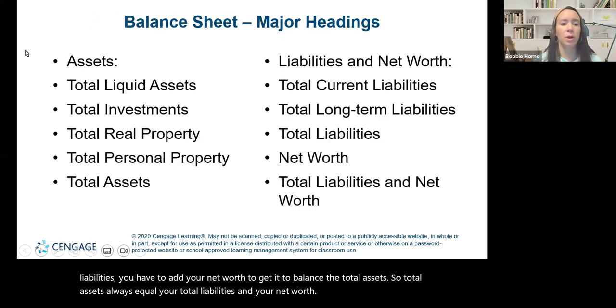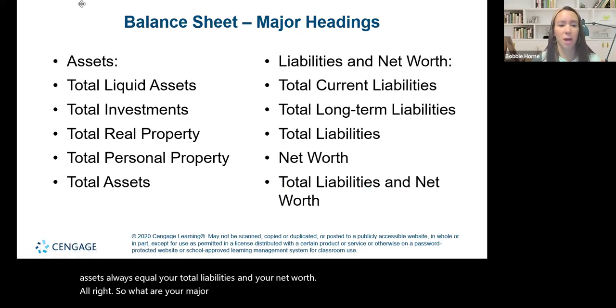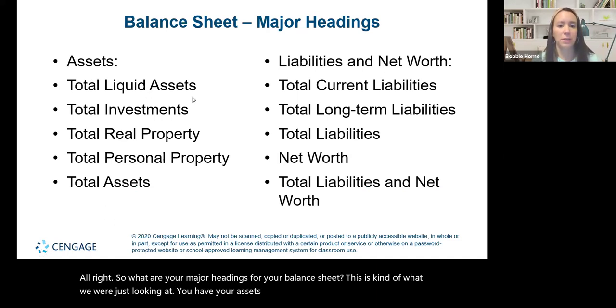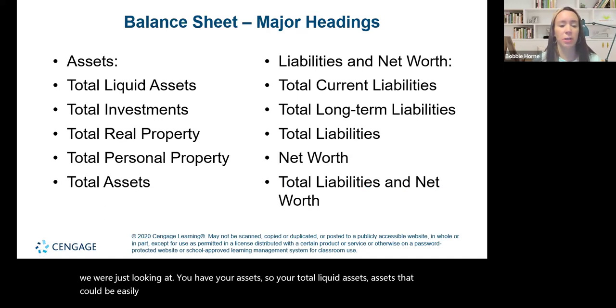All right, so what are your major headings for your balance sheet? This is kind of what we were just looking at. You have your assets. So your total liquid assets, assets that can be easily converted into cash. Then you have any investments that you have made. We just looked at that.